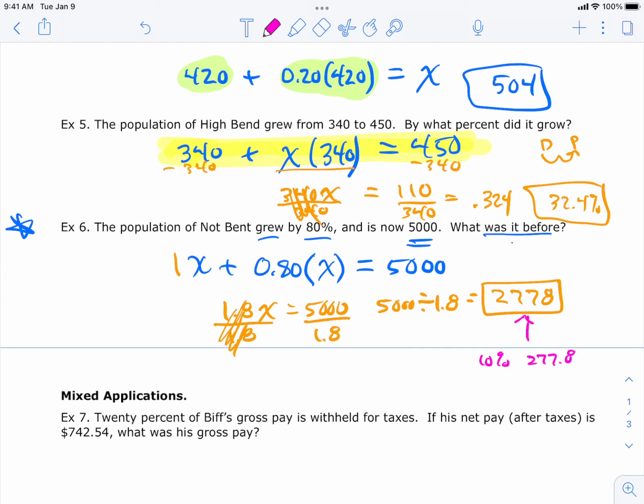So 10% is 277.8, which means 80% would be 8 times this number. 277.8 times 8 is 2222.4. So if it was 2778 and it grew by 2222, it ends up at 5,000. So the old 10% trick helped us prove that the answer is right.